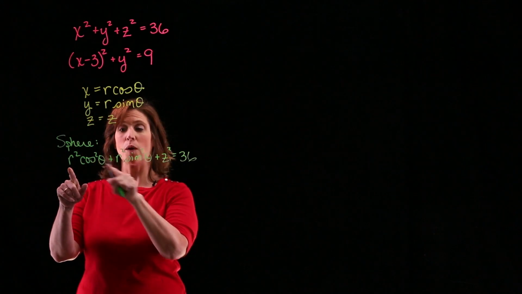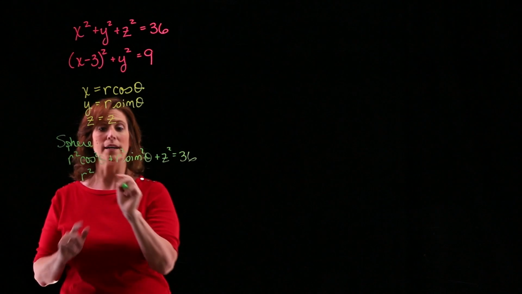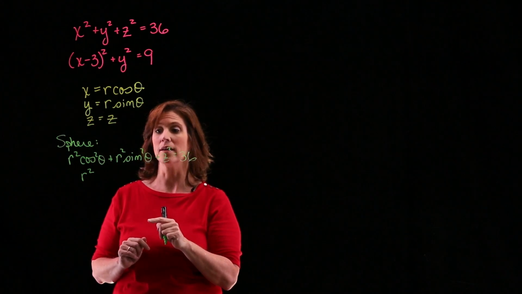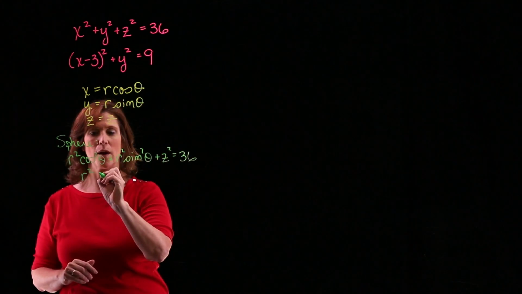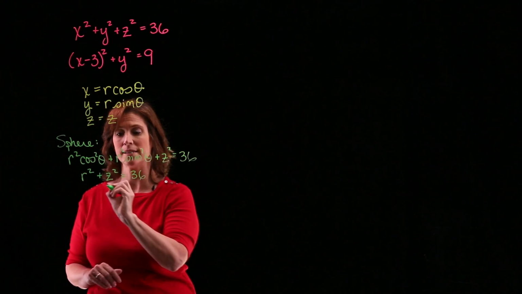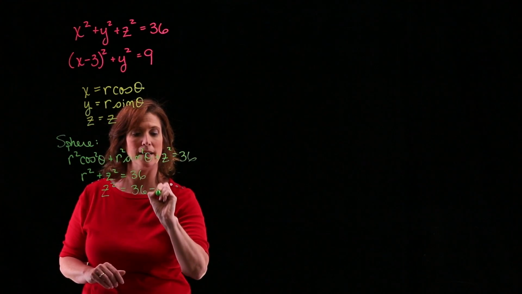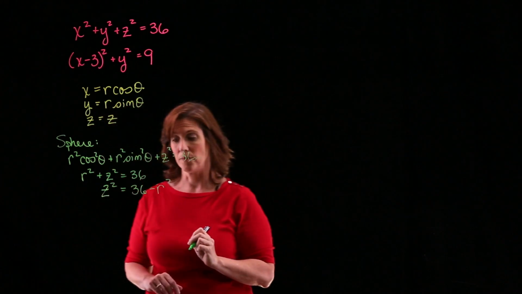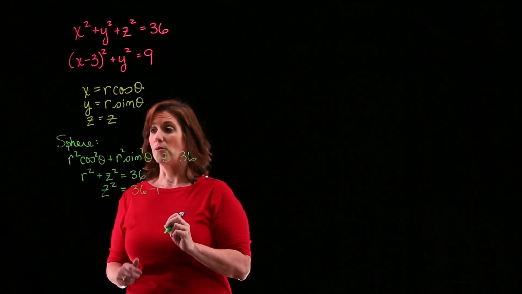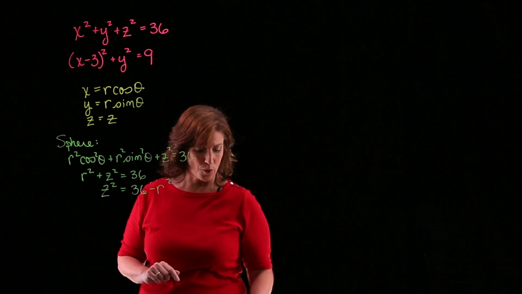I can factor an r squared out of these first two terms, and I've got r squared times the quantity cosine squared plus sine squared, which is 1. So I've got r squared plus z squared equals 36. Z squared then can be written as 36 minus r squared. Okay, so that's what a sphere would look like using cylindrical coordinates.